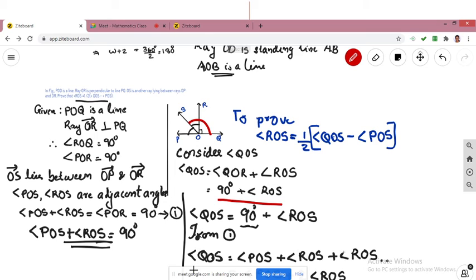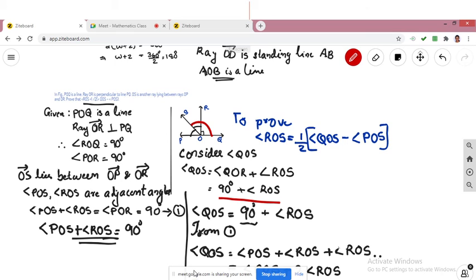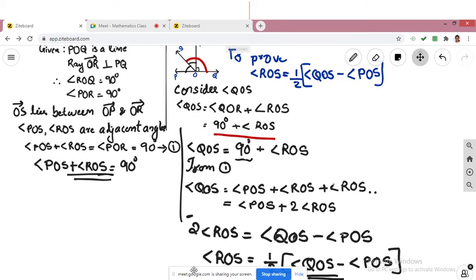So, from equation 1 I will substitute 90 degree, so I got angle QOS is equal to angle POS plus angle ROS plus angle ROS. So, I just substituted it here. Instead of 90 degree, I wrote angle POS and angle ROS. I took it here and I wrote it here.